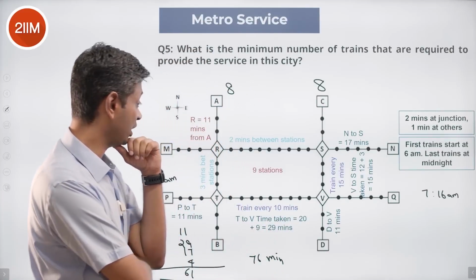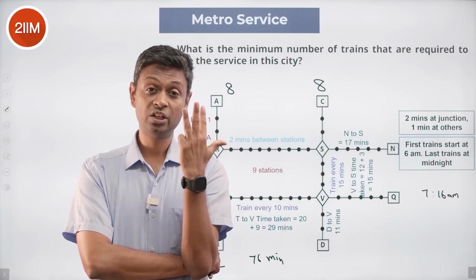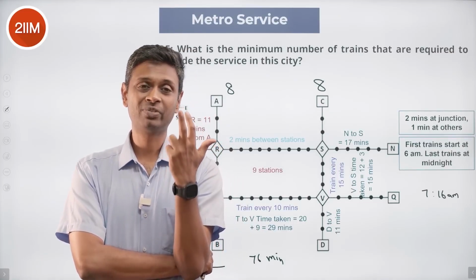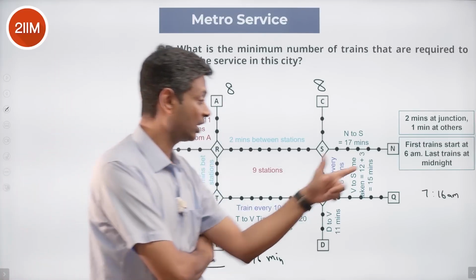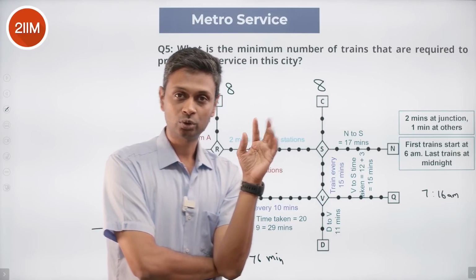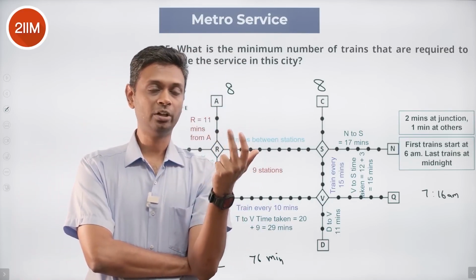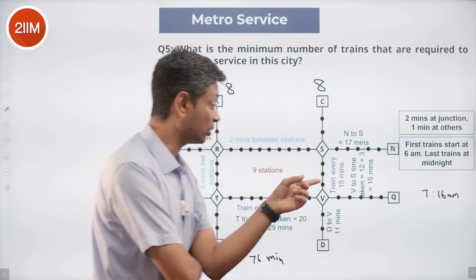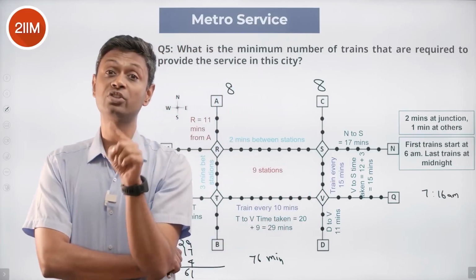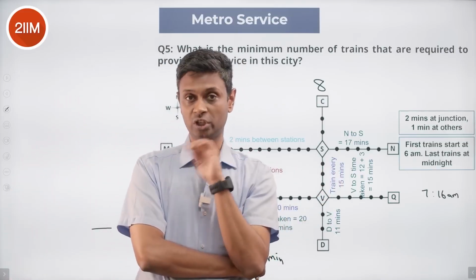Here it starts every 10 minutes. 6, 6:10, 6:20, 6:30, 6:40, 6:50, 6:60, which is 7, 7:10. The 7:20 train can be this one. So 76 minutes or 8 trains. We start from 0, 10, 20, 30, 40, 50, 60, 70. 8 trains need to start from Q before the first train that happened to start from P is ready at Q for the return journey.